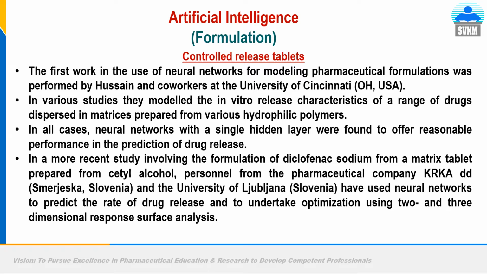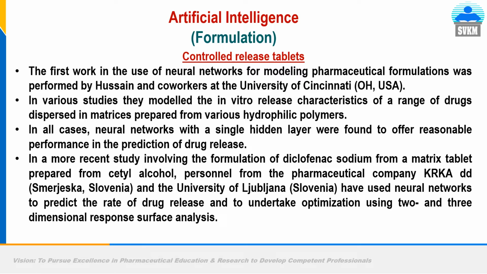Very few research applications or articles or studies are available to indicate full-fledged, reproducible and widespread general applications of AI in formulation. So the first work in the use of neural network, that is deep learning, for modeling pharmaceutical formulations was performed by Hussein and co-workers at the University of Cincinnati, USA.